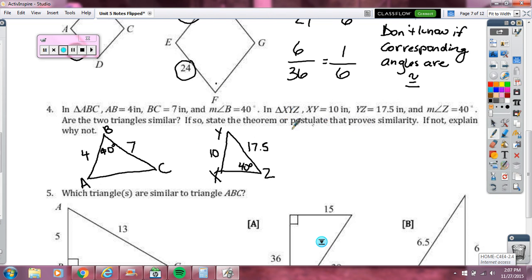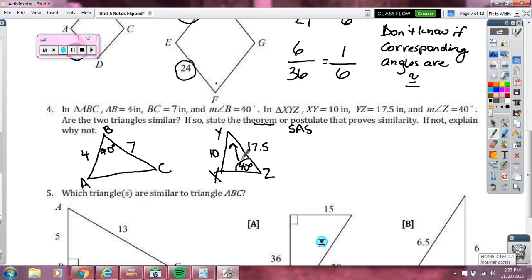I think if you were just reading it, you probably would have gone and done a lot of math. But when I draw the picture, in order for me to use one of my theorems, the one that I'm thinking of using would be SAS. But for that theorem, the angle has to be included, or between the two sides given. So I would need that 40 to be up here at angle Y. So just by looking at it, I can tell I'm not going to be able to use SAS.